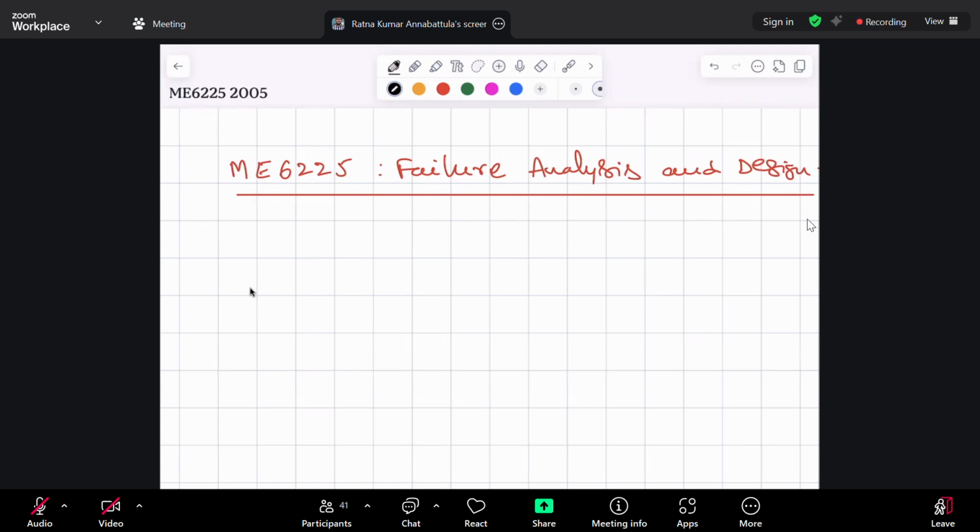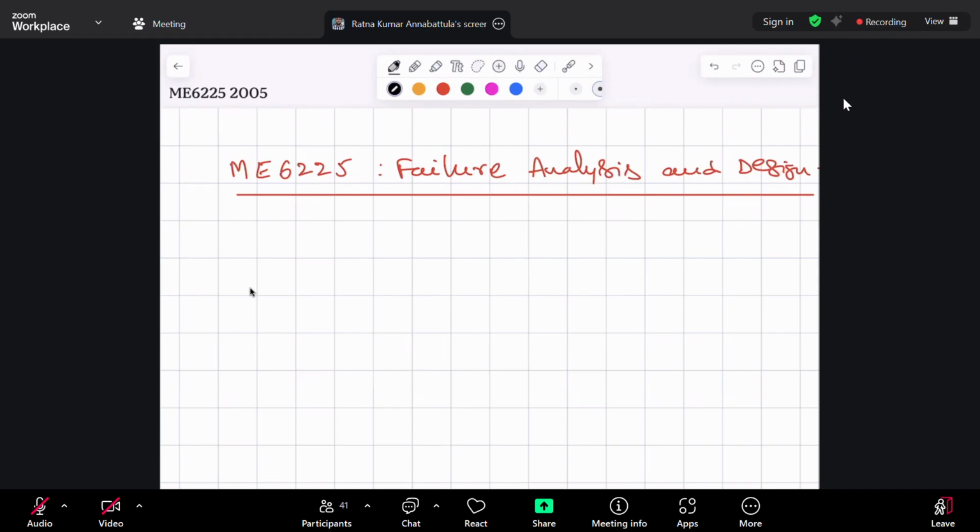This course is about understanding failure of materials and how we will use the knowledge of failure in order to do the design. As you would have seen in the syllabus, most of it is focusing on failure of metals.